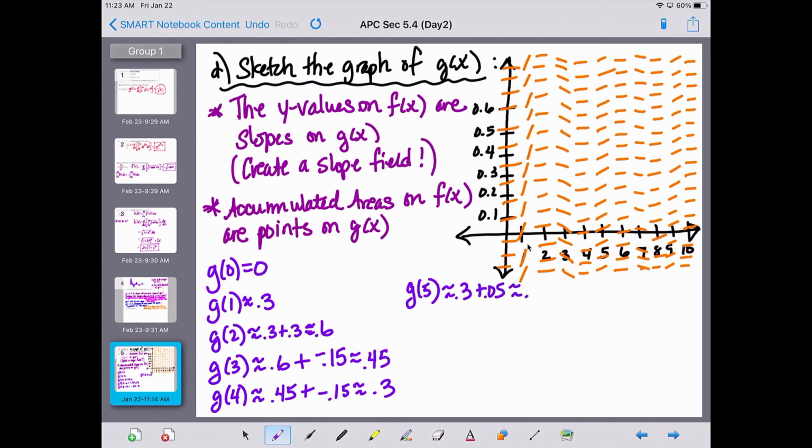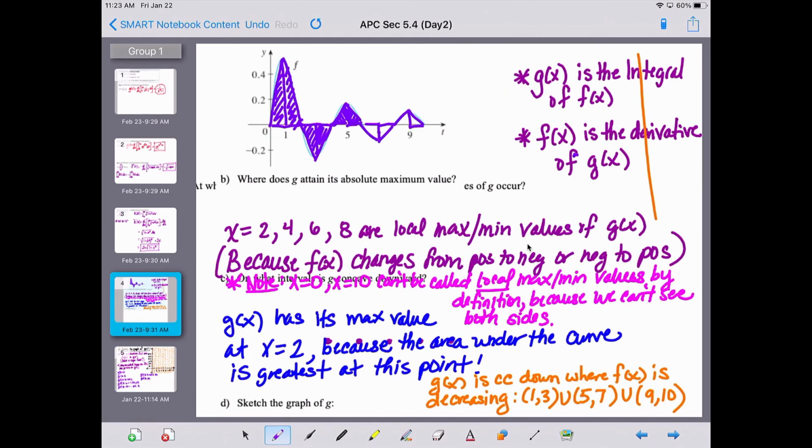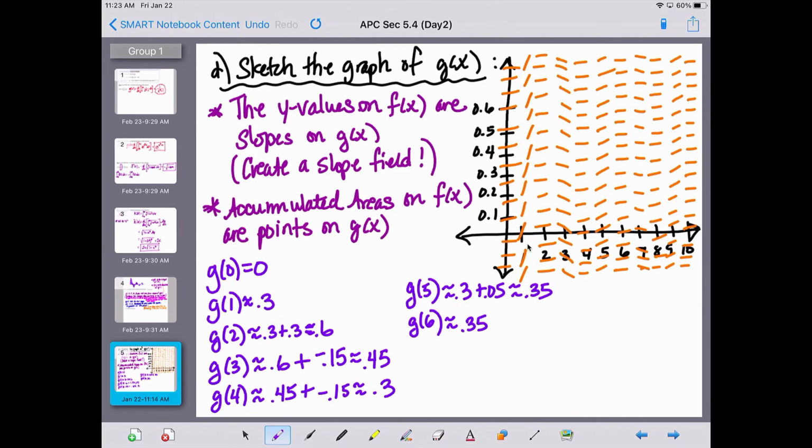So this is going to be 0.35. G of 6 then is going to be that 0.35 plus, what am I adding? Oh, I'm adding another triangle like the one I just added before. So that's going to be another 0.05. So now I'm at approximately 0.4.